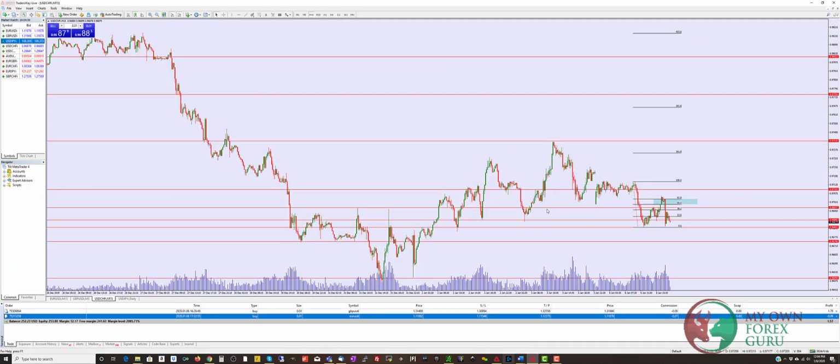Hey everyone. So I just want to take a second here to come back to dollar Swiss franc. If you go back to my video at around 42 minutes into it, you will see that I talked about how it would potentially come up to an area that I marked with a blue box, and said that at this area I believe it would go short.